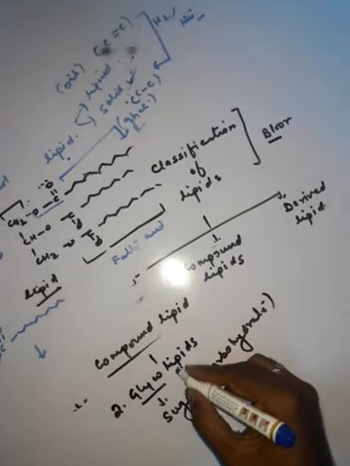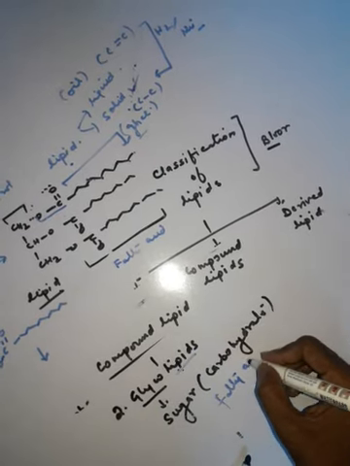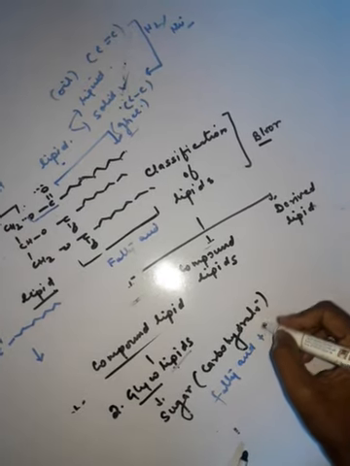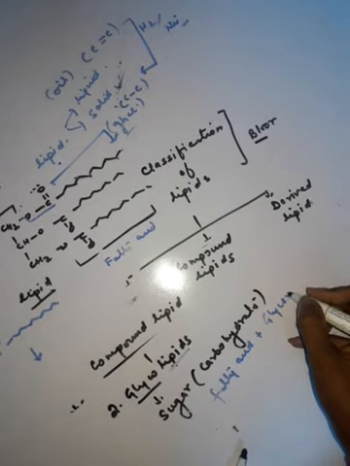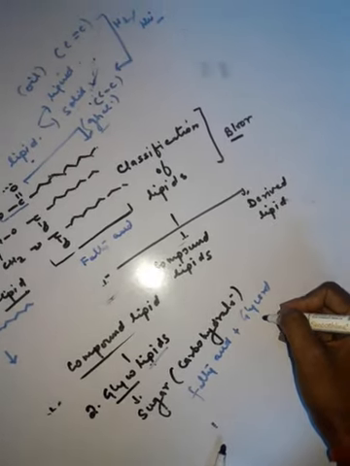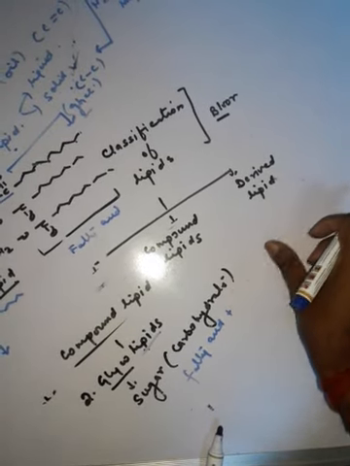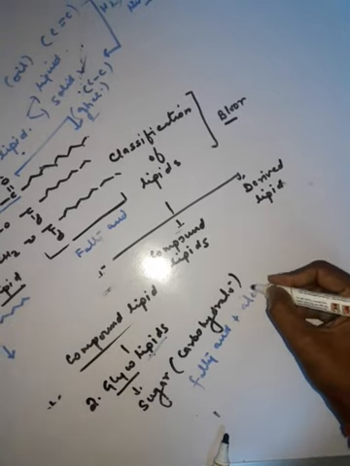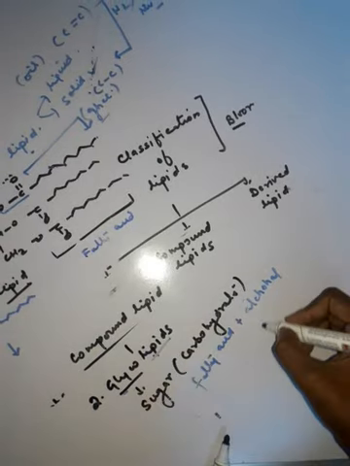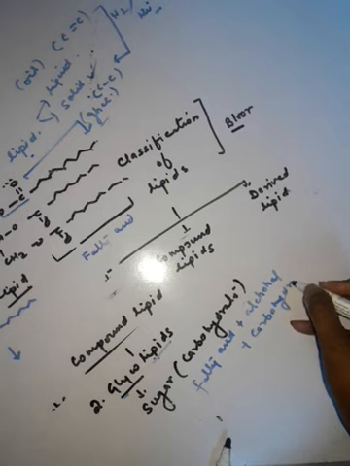So lipid means here fatty acid plus glycerol will be present. Fatty acid, glycerol, or other alcohol will be present. You can say I will not add glycerol here, I will add only alcohol. But the main thing is how it is named: glyco means a carbohydrate moiety is present in this.